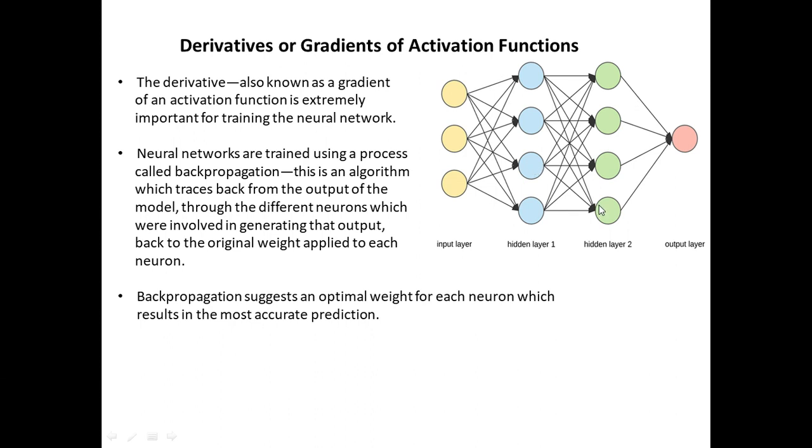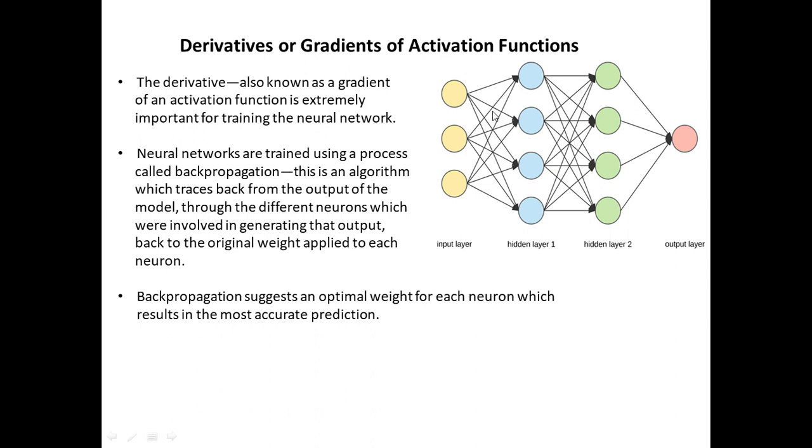Generally, a derivative, also known as a gradient of an activation function, is very important for training the neural network. Why? Because neural networks are trained using a process called back propagation. Whenever this particular network produces an output, and this output is not equal to the desired output, the weights are adjusted with the help of an algorithm called the back propagation algorithm.